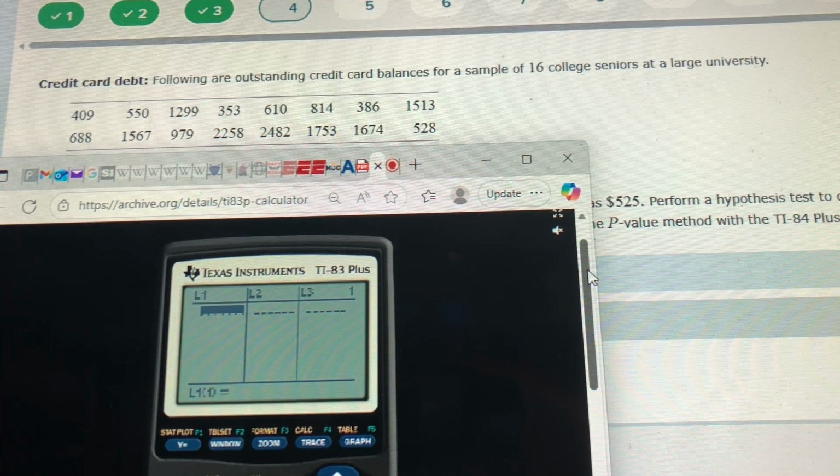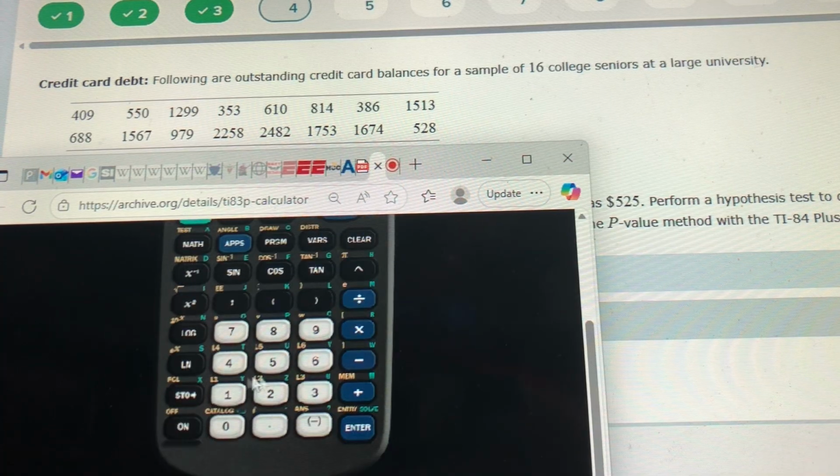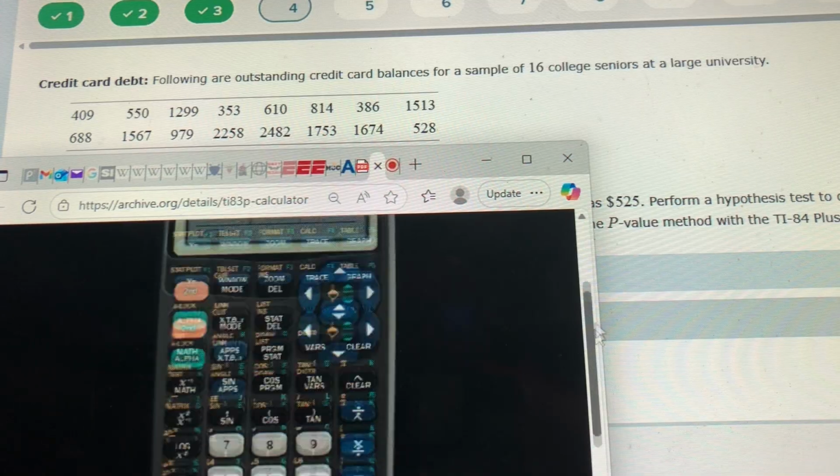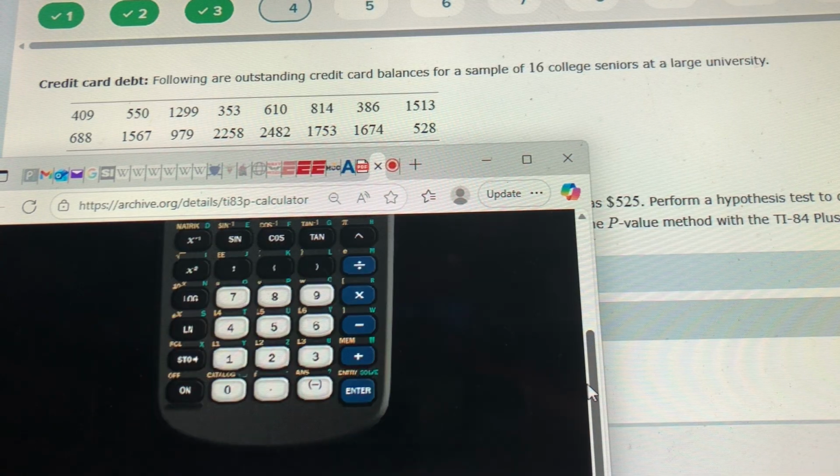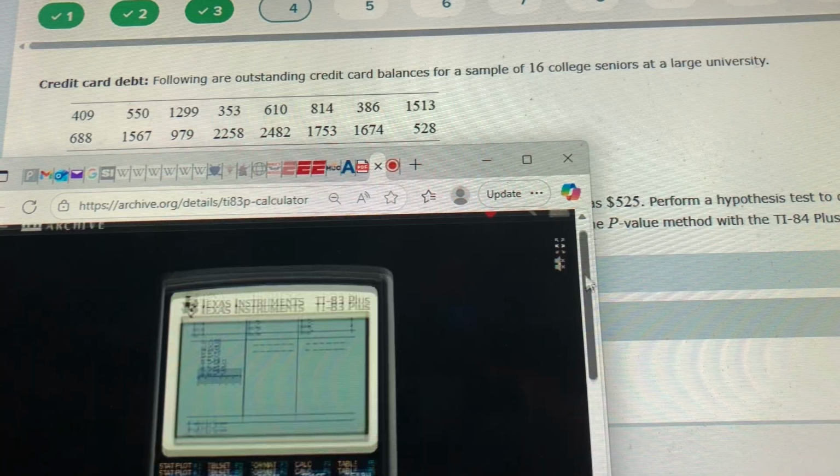Now type in 409 and press Enter. And now that's the first entry, 409. I wanted to leave this so I could see both at the same time, but now I can't see what I'm typing in there. Let's do 550, 1299, and go up and double check those are there.